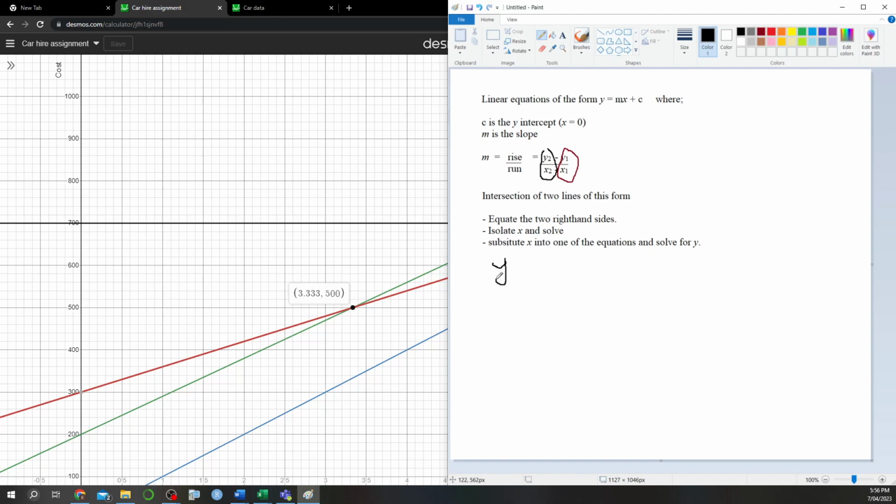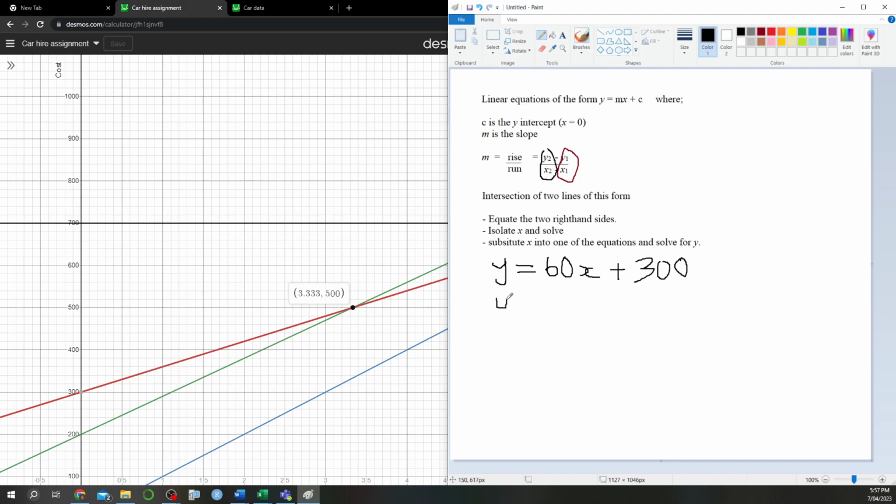So we have y. My red line is y equals 60x plus 300. There's my first option.